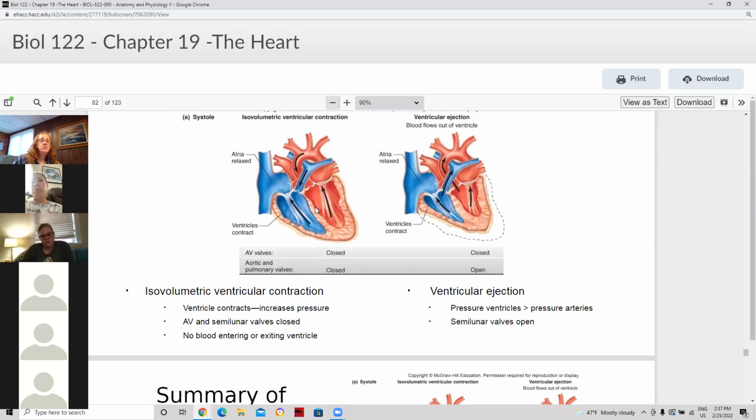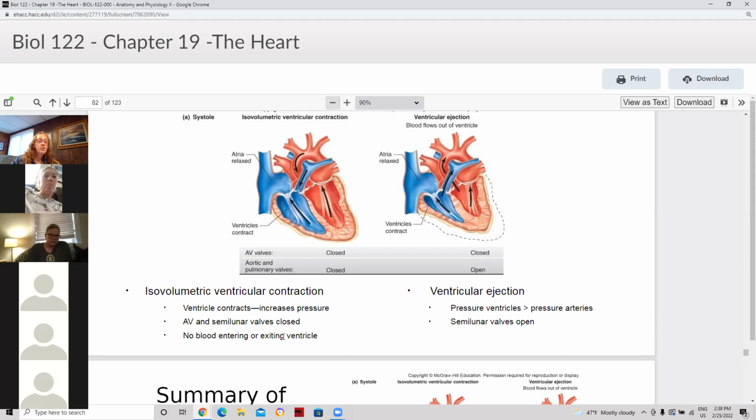Then there's an isovolumetric contraction, meaning that the volume within the ventricles stays the same, but the ventricles are going to start to contract. The blood volume stays the same as the ventricles contract. And the result is that the semilunar valves and the atrioventricular valves both close again.